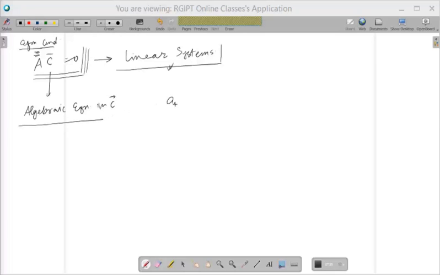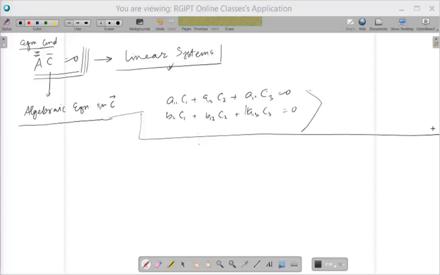So this would be like A11C1 plus A12C2 plus A13C3 equal to 0, B11C1 plus B12C2 plus B13C3 equal to 0, and so on. This is not a differential equation because you don't have derivative terms appearing here.